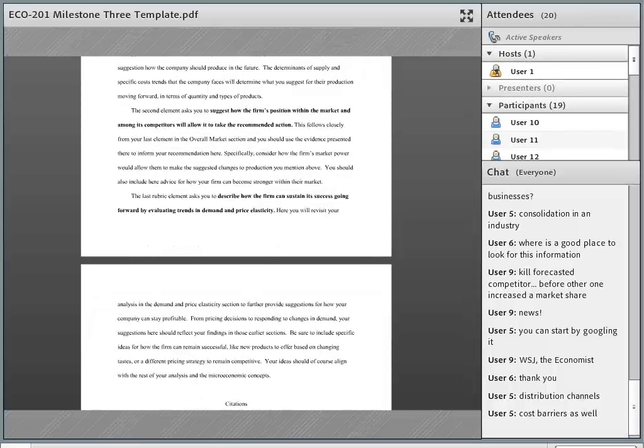And then lastly, the last recommendation piece is to describe how the firm can sustain success going forward by evaluating trends in demand and price elasticity. So here again, you're going to pull from other parts of your paper, specifically demand and price elasticity.